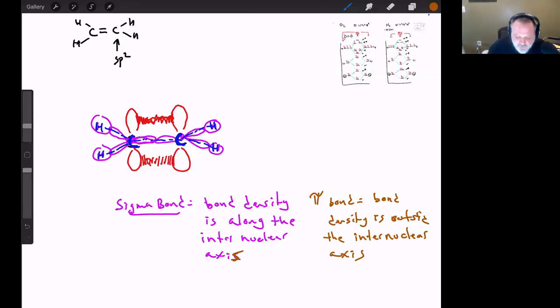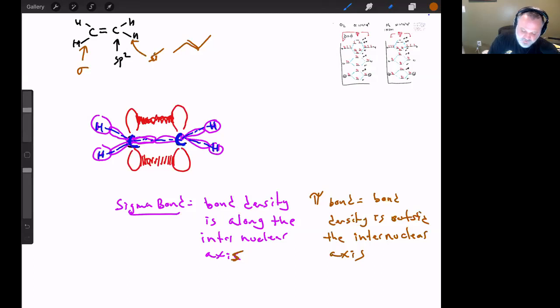Okay, so when I look at a molecule that has a Lewis structure, how do I sort out how many pi bonds and how many sigma bonds there are? Well, remember, it's ultimately just geometry and the Lewis structure. If all I have are single bonds, then they're definitely sigma bonds.